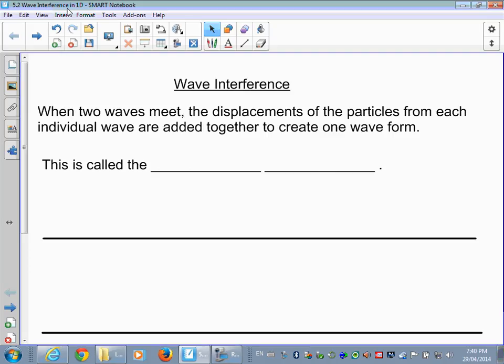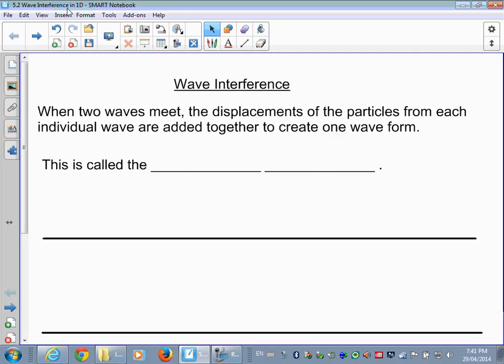So let's say we have two waves, and they're going to meet. Remember that the wave that you see is a result of the displacement of individual particles from their equilibrium point. So when you have two waves that meet, it makes sense that both of those displacements would be added together.